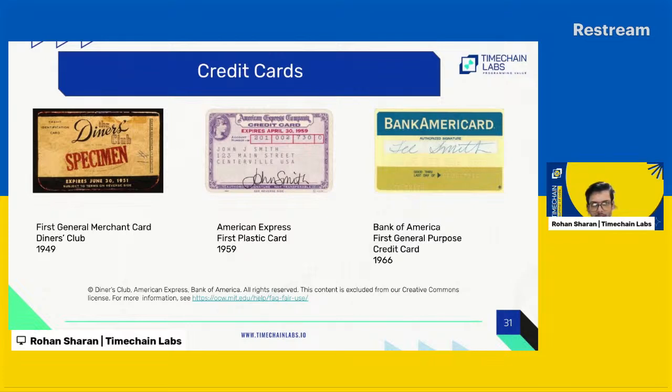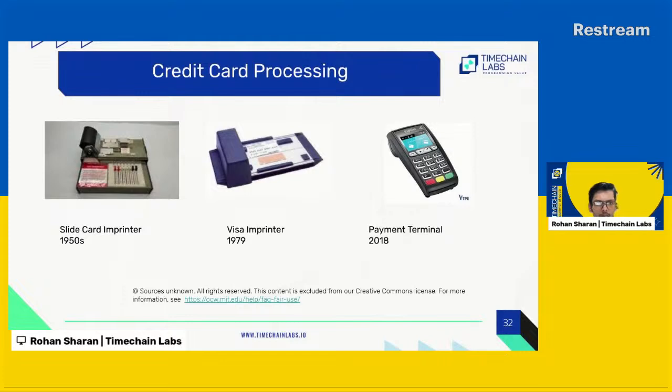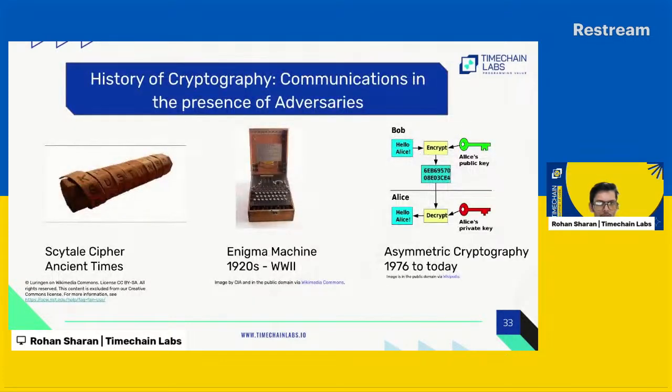Credit payments are also reversible. Reversible payments have their own benefits and problems, which help as well as detract from usage on the internet. What Satoshi Nakamoto set out to do was to create an irreversible payment system which cannot be reversed. We'll come to why that was the case.